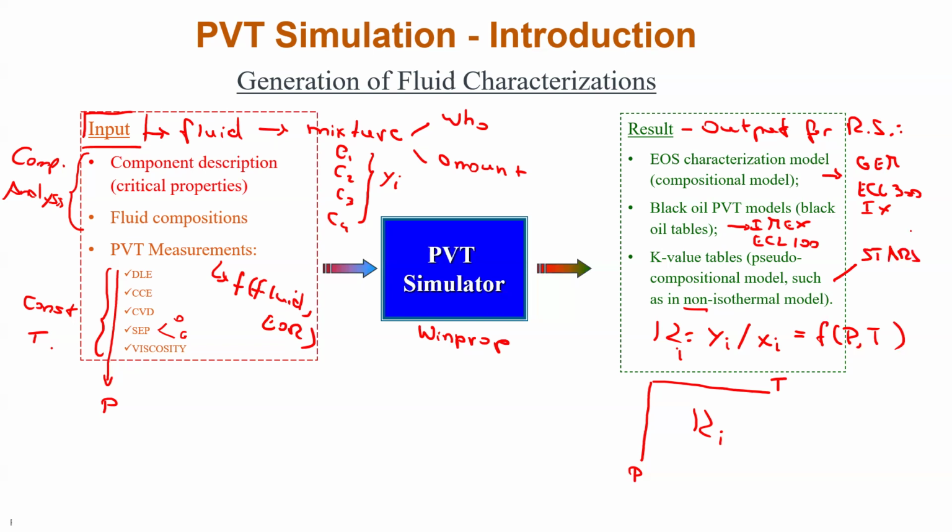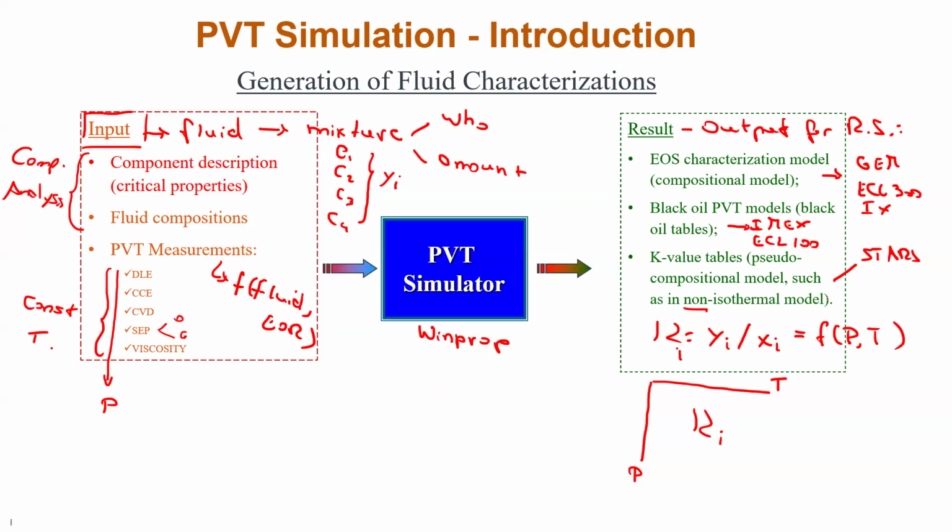STARS is a very famous non-isothermal model from CMG, applied for steam flooding, especially steam flooding in different variations: cyclic, continuous, or SAGD. There are several ways to do steam flooding in the field, so STARS can run all those variations.